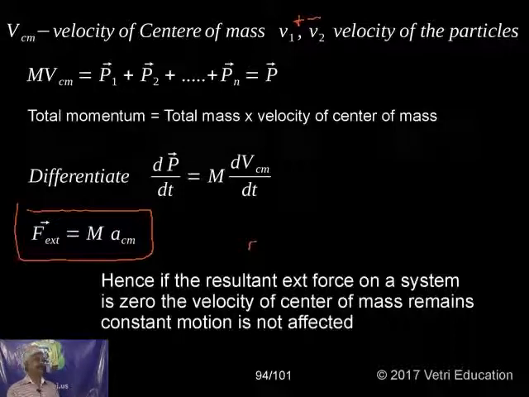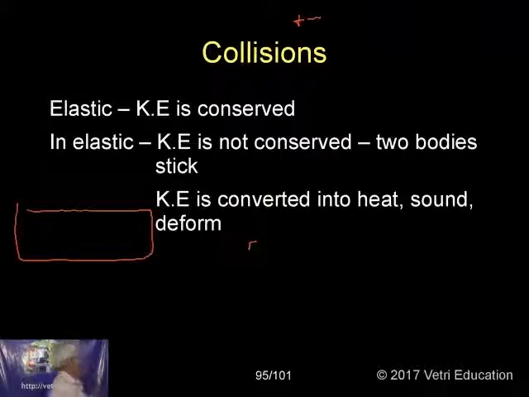Velocity remaining constant means the acceleration of the body becomes 0. Therefore, inside the body, the positions will be the same; they are moving with constant velocity. This is center of mass. We need not worry much about center of mass; very few questions may come.